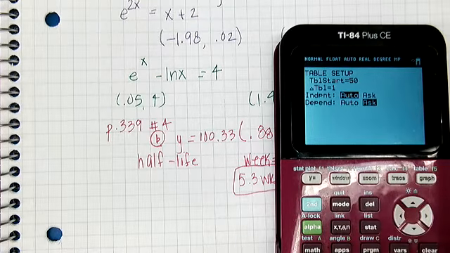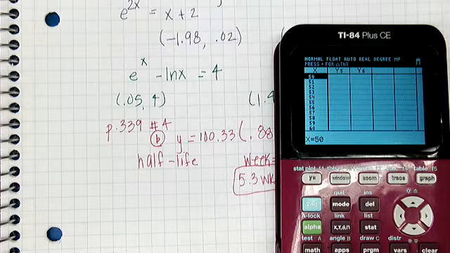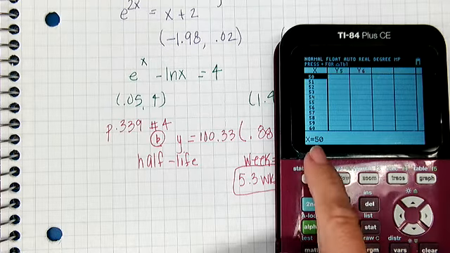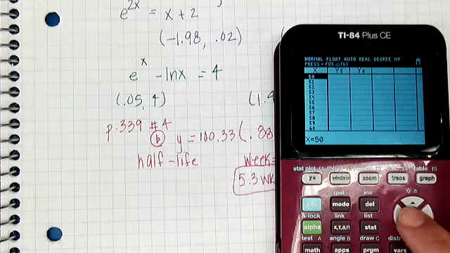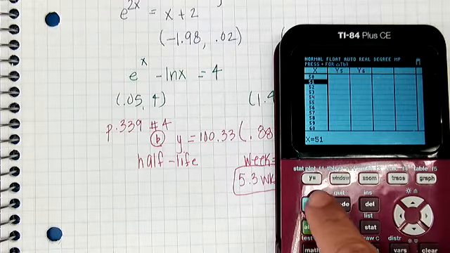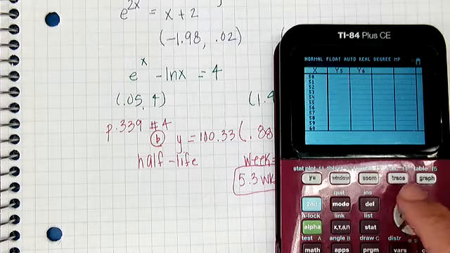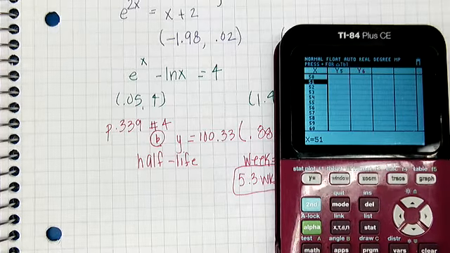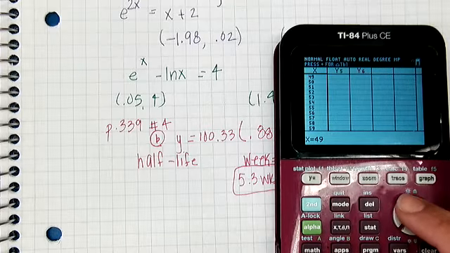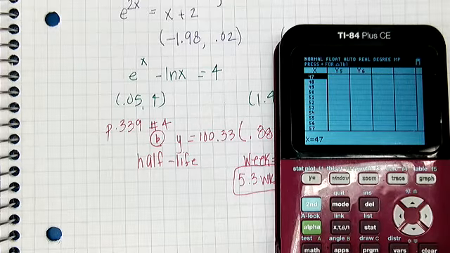Oh, here we go, table. Notice now how my table is empty. The bottom X is 55. If you wanted to know what happened at week 100, you should be able to type in 50.